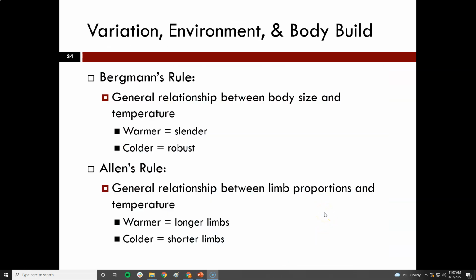Of course, our interaction with the environment is not limited to just skin color, but other things like body size and limb proportions are also influenced by our environment, in particular climate.